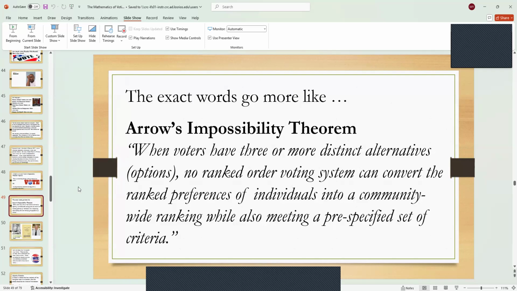And what exactly we mean by the pre-specified set of criteria is what we mean by fair, which we're not going to talk about right now. He's basically saying here, when there's more than 2 candidates, no voting system will always be fair. That's what he's saying here.